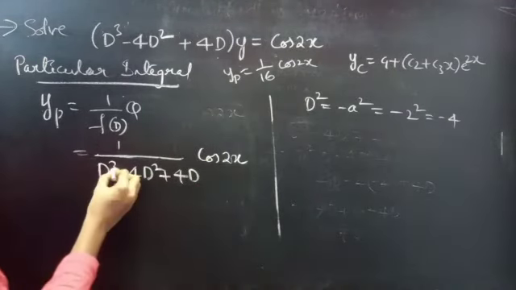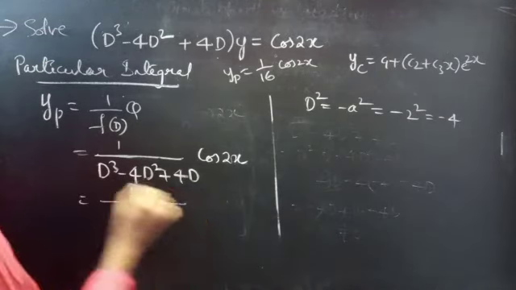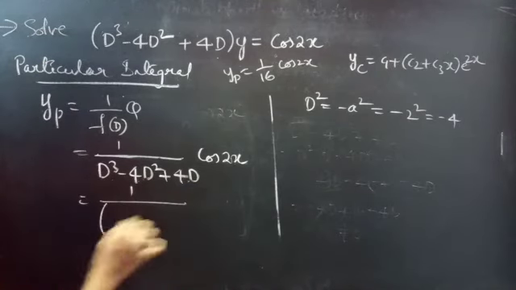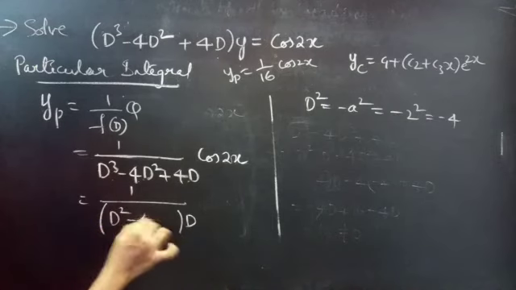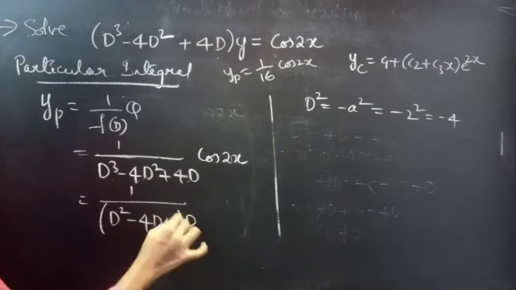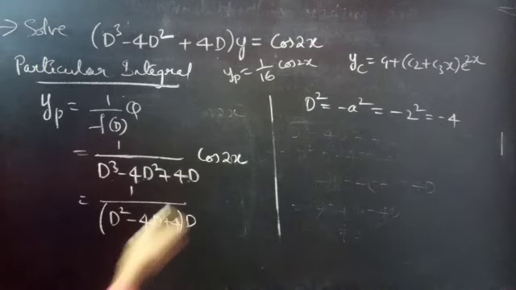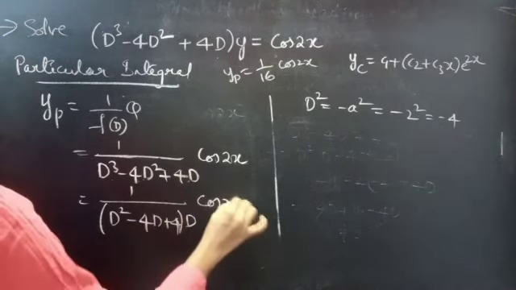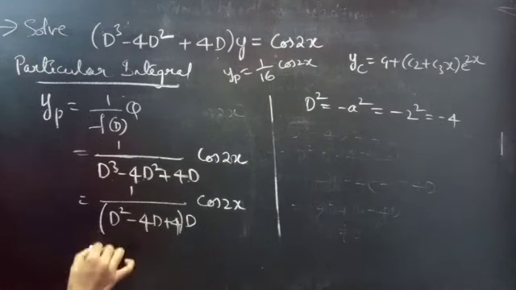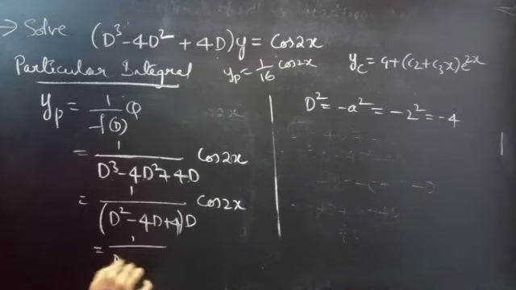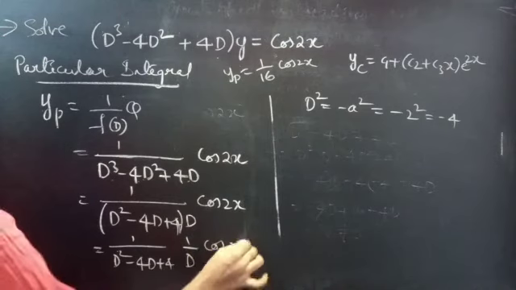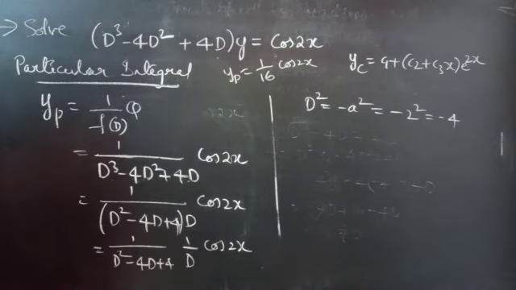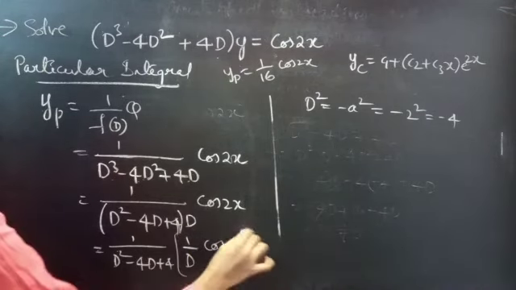Now let's take D common from all three terms, then we get D square minus 4D plus 4 into D into cos 2x. Now we can split this fraction as 1 by D square minus 4D plus 4 into 1 by D. So firstly, we find 1 by D into cos 2x.